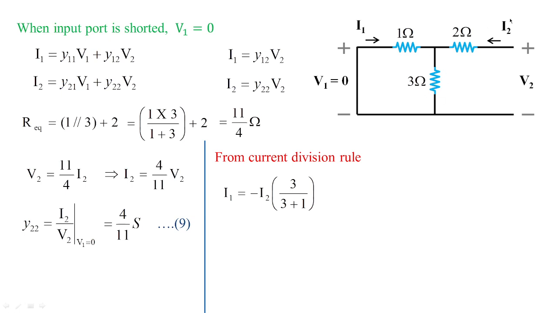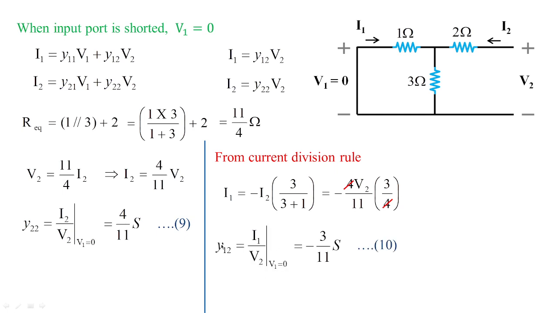So 3 multiplied with the total current I2 divided by 3 plus 1, that is the sum of these parallel resistors. And now from equation 9, I can get I2 in terms of V2 as 4 by 11 V2. So I'm just substituting the value of I2 over here. So it becomes minus 4 V2 by 11 multiplied by 3 by 4, and cancelling out the like terms, we are left with Y12, which is equivalent to minus 3 by 11 Siemens.